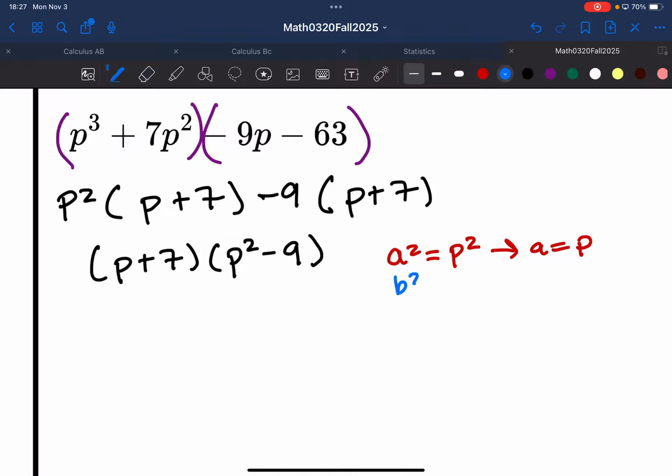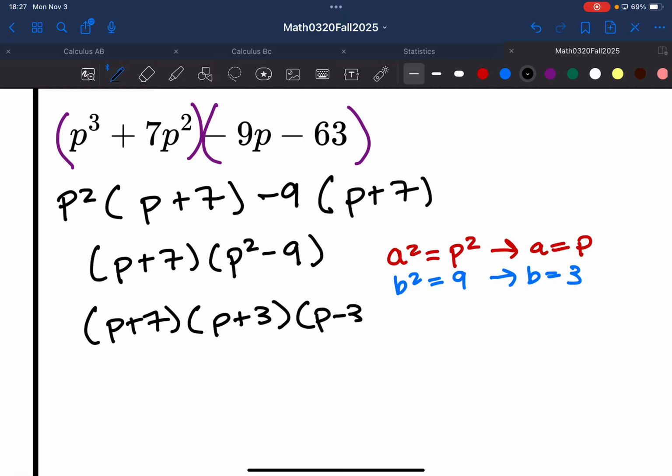And then B squared is equal to 9, which means B is equal to 3. So I bring down my P plus 7, and then what are my other 2 parentheses? Good, P plus 3, P minus 3, and that is my answer.